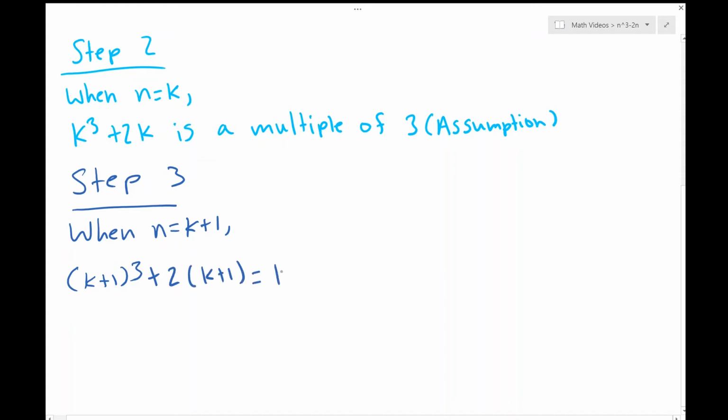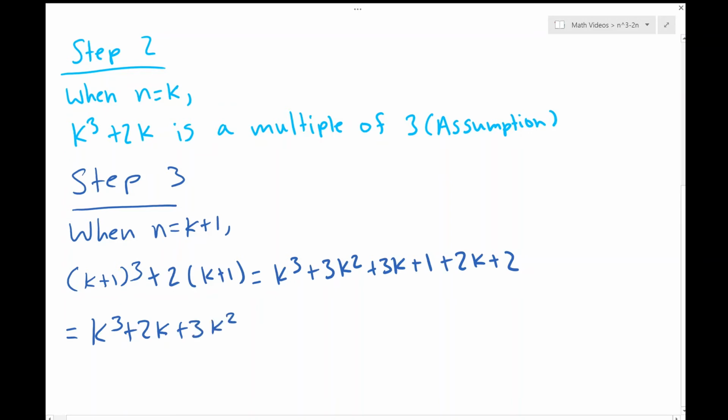This will give us k cubed plus 3k squared plus 3k plus 1 plus 2k plus 2. Rearranging these terms, we get k cubed plus 2k plus 3k squared plus 3k plus 3. I got this plus 3 because I added the 1 and the 2.